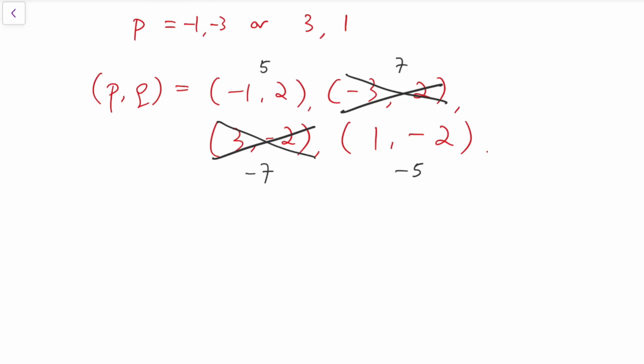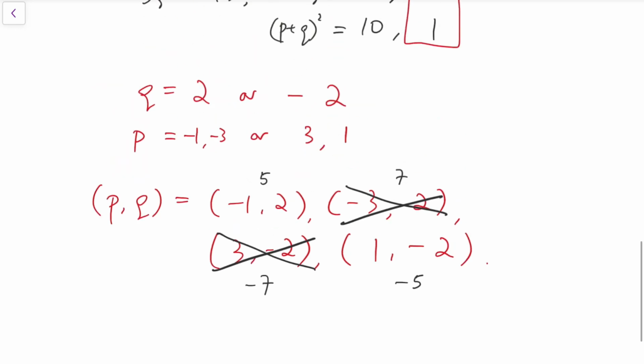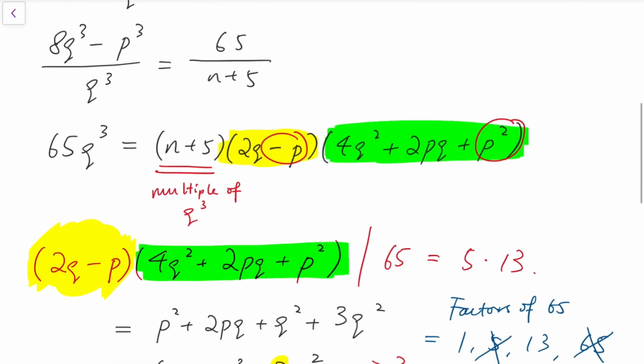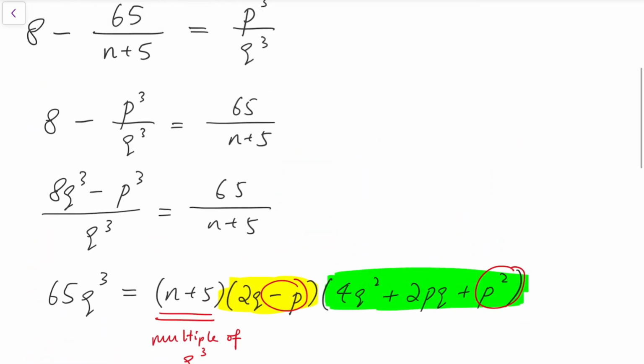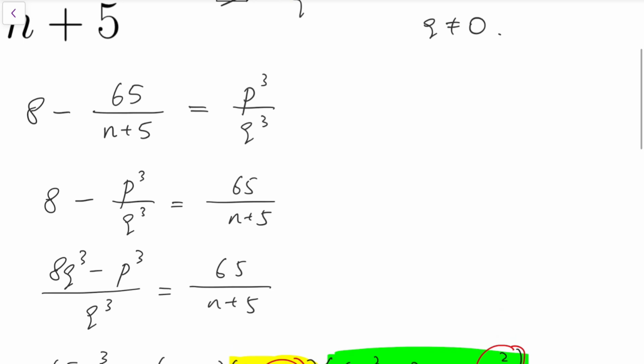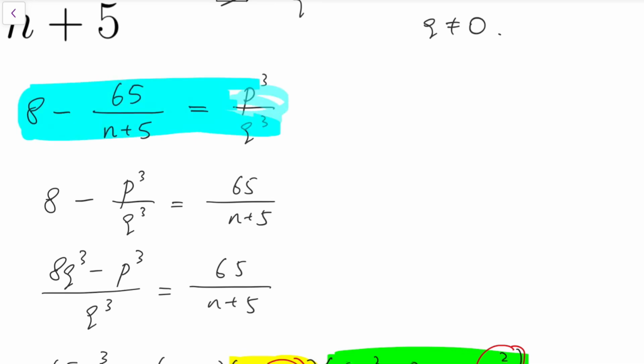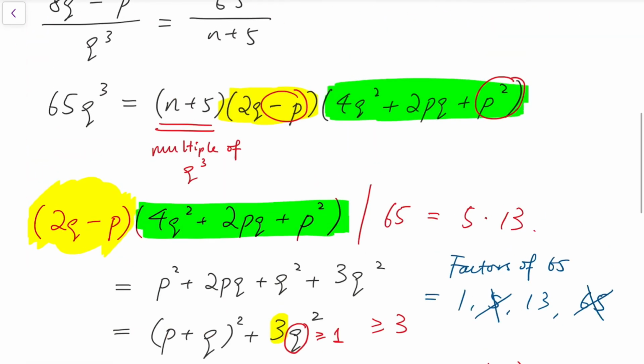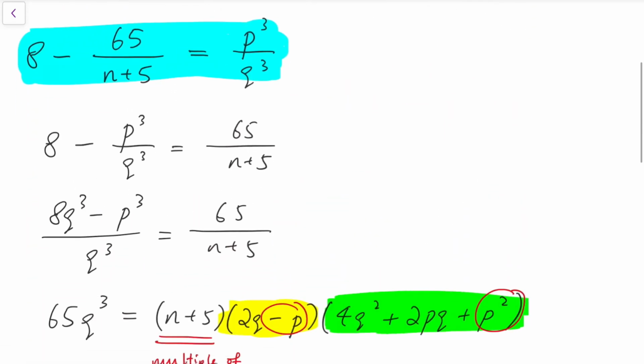We have two candidates left: (minus 1, 2) and (1, minus 2). We have to test whether they satisfy the original equation. Let me go back again and check.